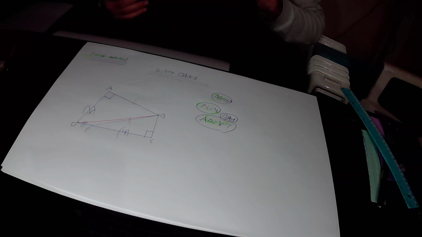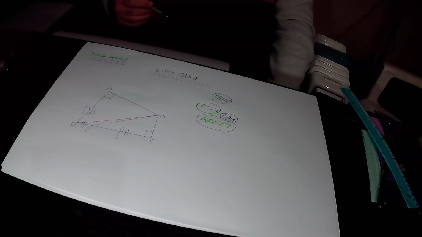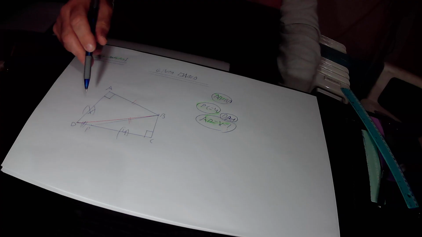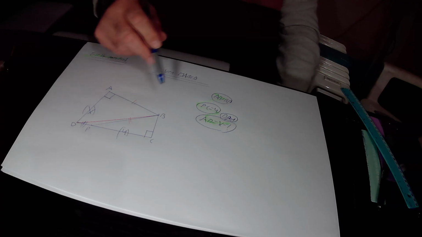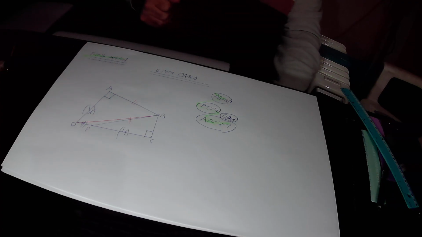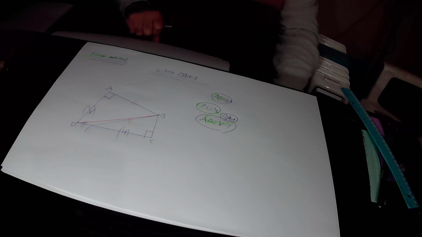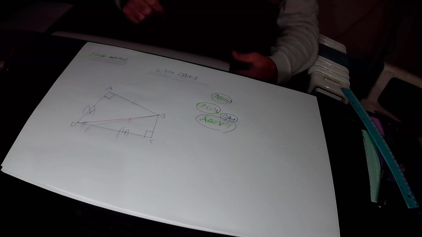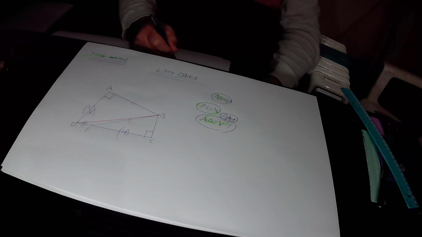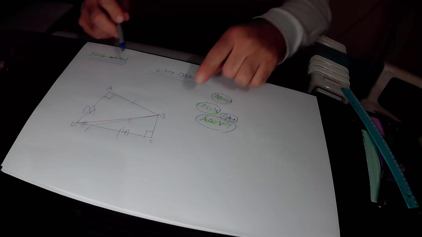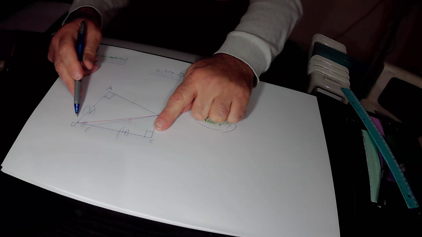Likewise, we will implement the Pythagoras theorem on the right lower triangle BDC. Side DC of the right triangle BDC equals 4 plus 1, which is 5.